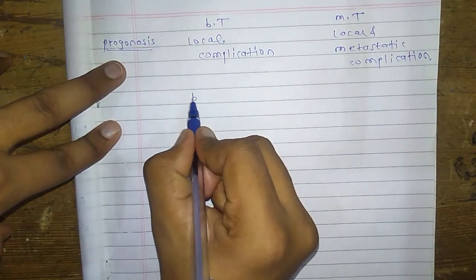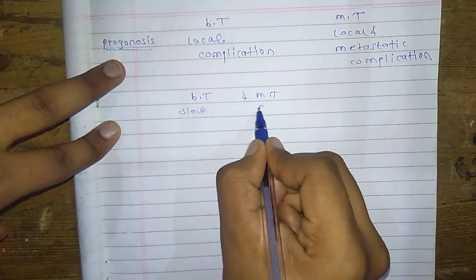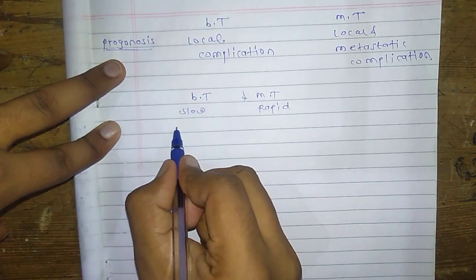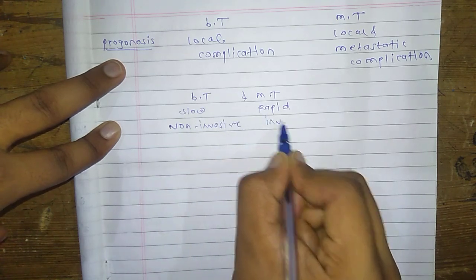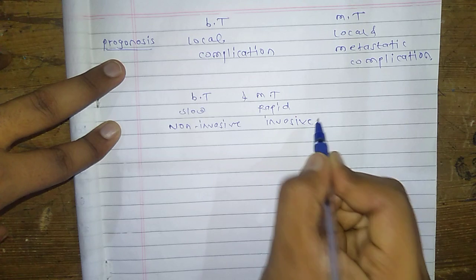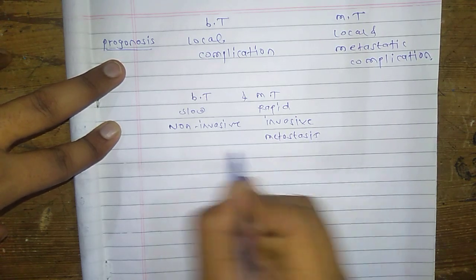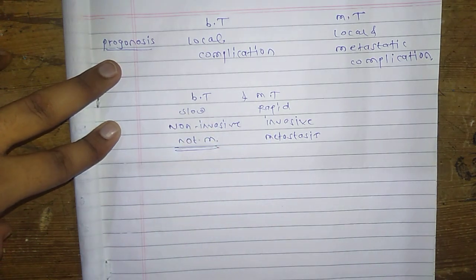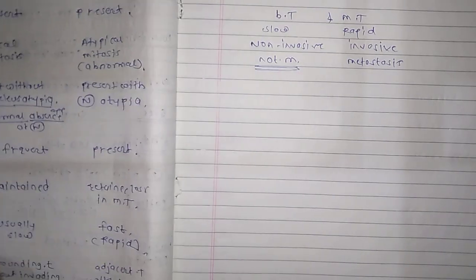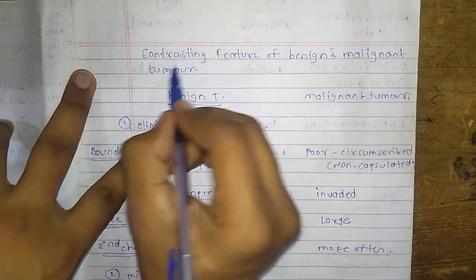So benign tumors are slow progressing, malignant tumors are rapid progressing. Benign are non-invasive, malignant are invasive. In malignant metastasis happens, in benign there is no metastasis. So these are the contrasting features of benign and malignant tumor.